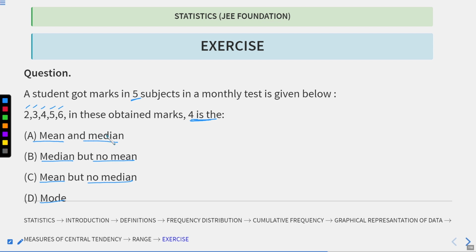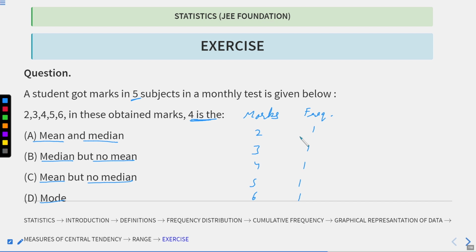So let's see which option is correct. If you see the frequency table, the marks are 2, 3, 4, 5, 6, and the frequency is 1 for all the marks, because they are appearing only one time.